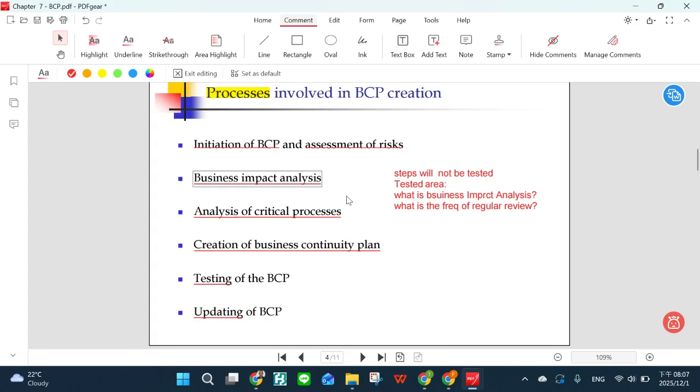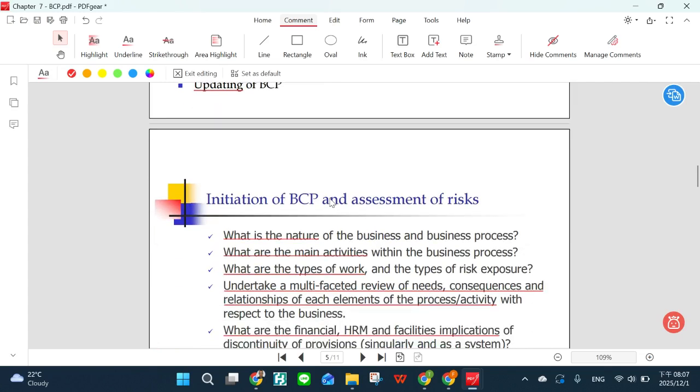Then your plan is not very good. So you need to update, you need to amend. But in order to do this, you need to test first whether it is effective or not. If you don't test, then you won't know the effectiveness. So that is your standard process in creating the BCP. Basically, that's your plan B.